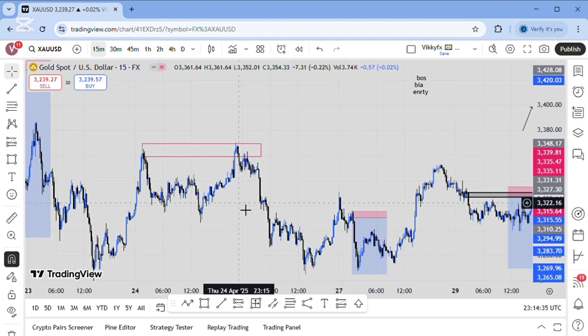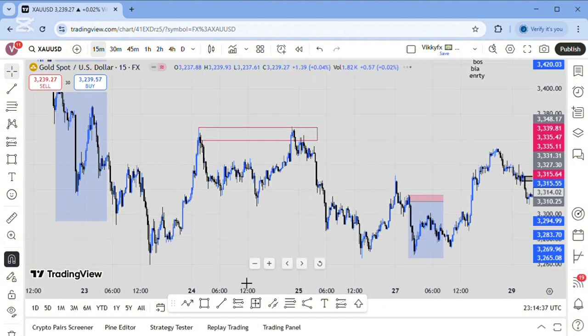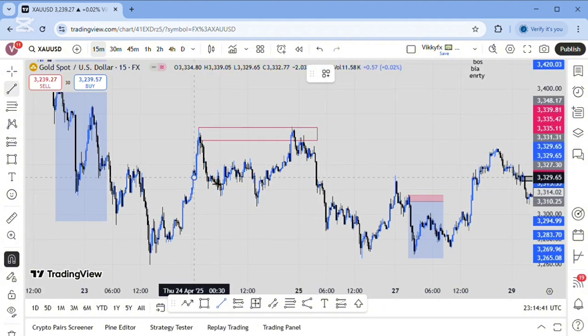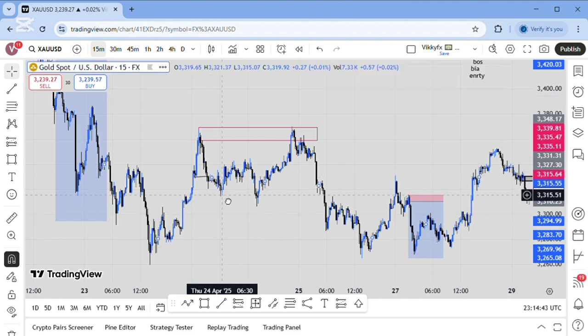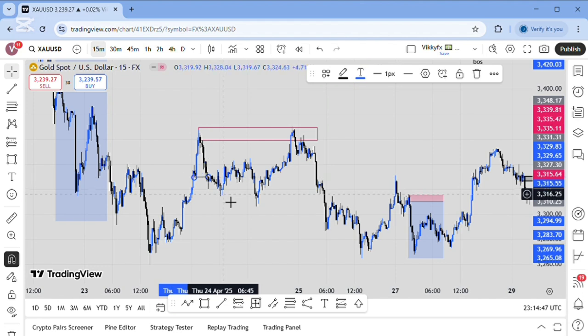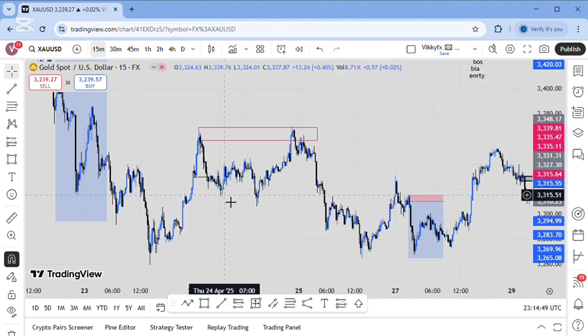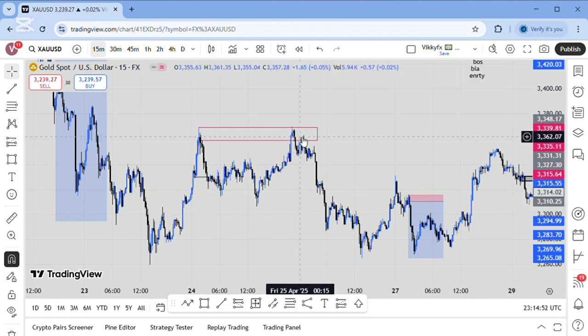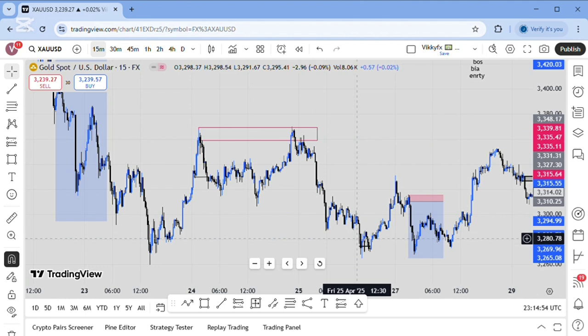That is your supply zone. And see, after market broke this zone, it has a break of structure to the downside. You understand? So after market gave you a break of structure, it shows that your supply zone is valid. So you can enter from here and sell down.